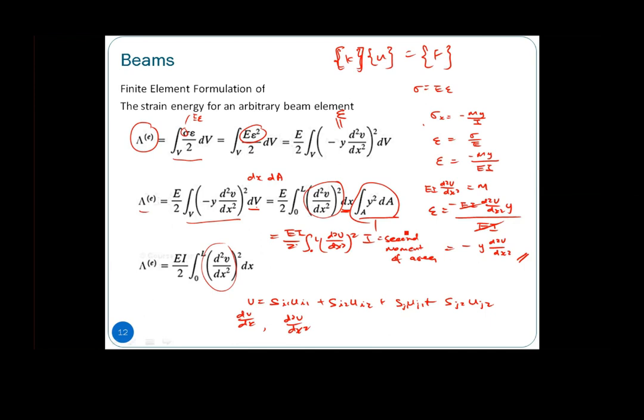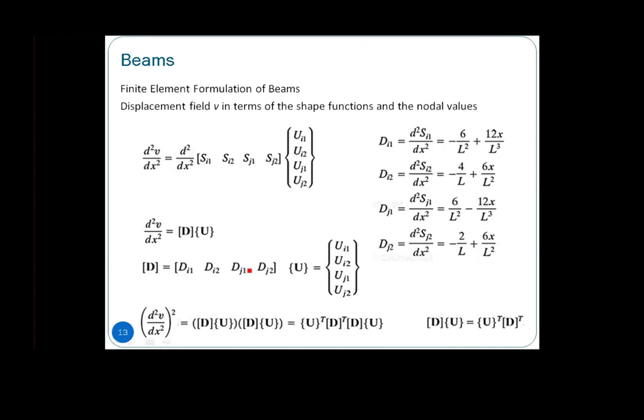So from here, we differentiate again, and we are having this d2v dx squared. And our v, I will rewrite again, is Si1 ui1 plus Si2 ui2 plus Sj1 uj1 plus Sj2 uj2.